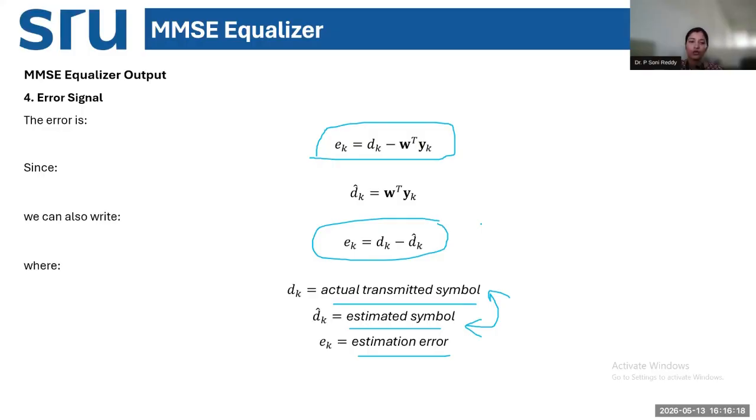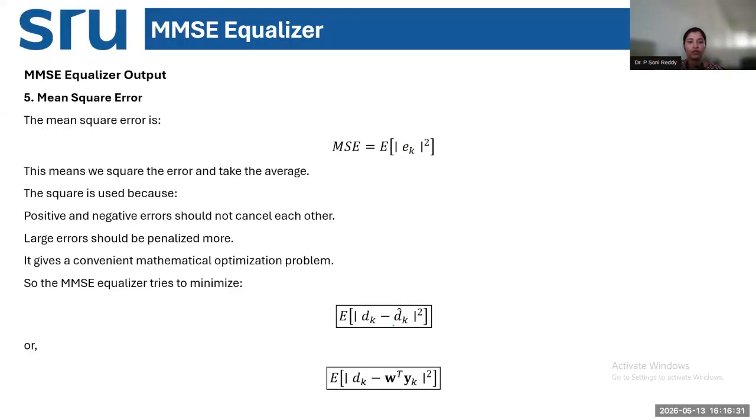Our goal for MMSE is to minimize this error as much as possible so that the transmitted symbol and the estimated symbol are almost the same. So we will calculate the mean square error from this error function, and we will try to minimize this mean square error value. So we are taking the square of the error. Why?